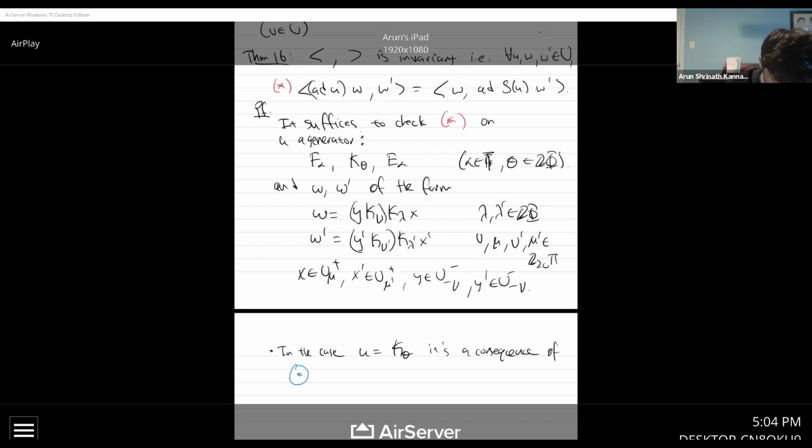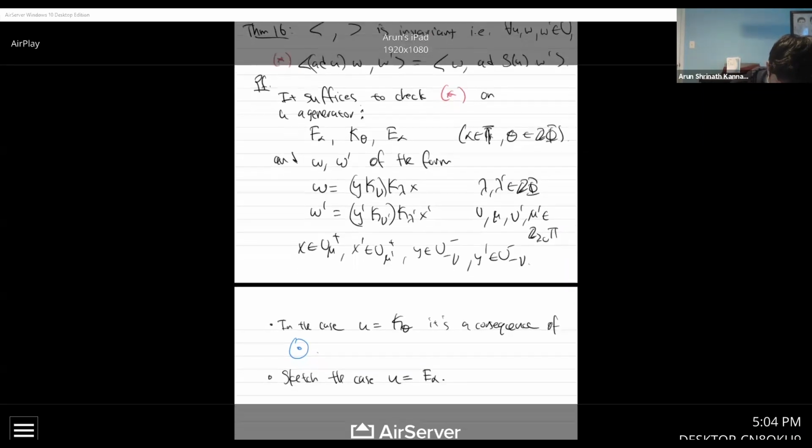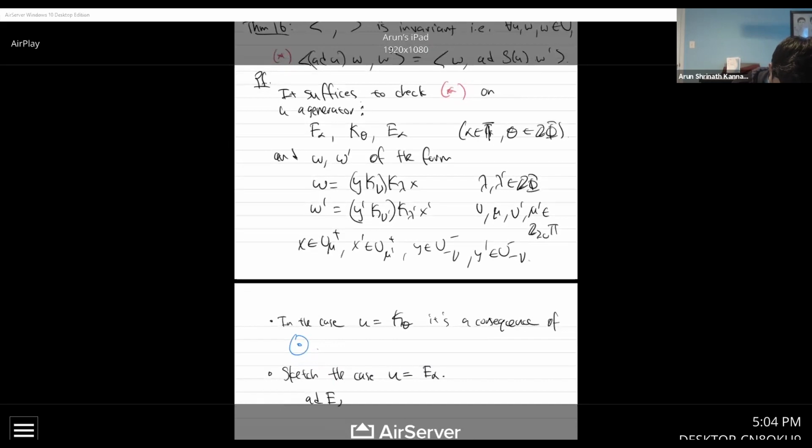So we'll sketch the case u equals E alpha. Let's recall what the adjoint representation of E alpha is: ad E alpha on t, for all t in U, is equal to E alpha t minus K alpha t K alpha inverse E alpha.